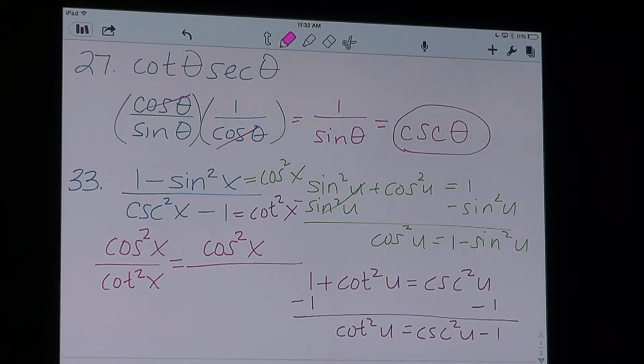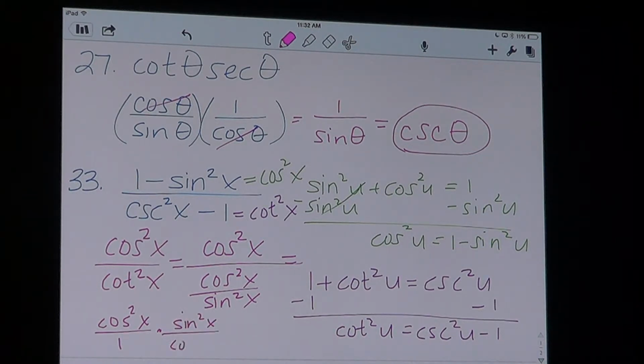So that would be cosine squared x over sine squared x. So then I would write that as cosine squared x over 1 times sine squared x over cosine squared x. Right? And you can cross it out and then you just get sine. Yes. So then it's sine squared x.